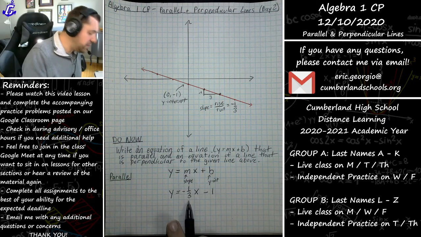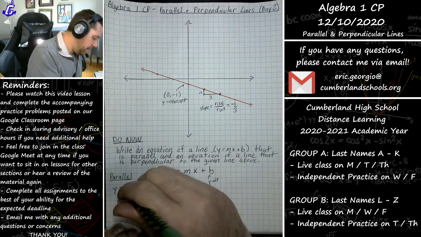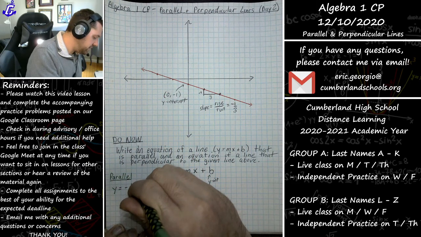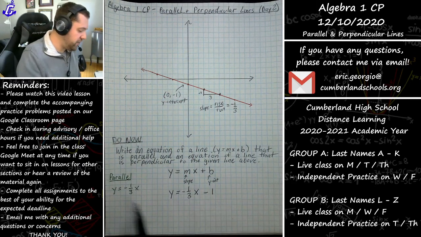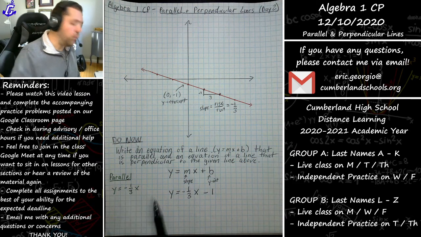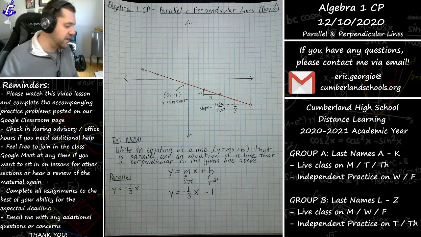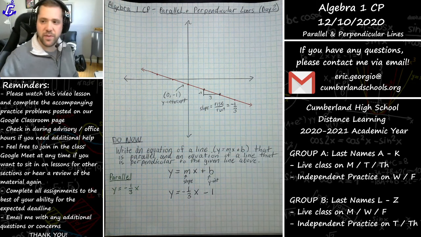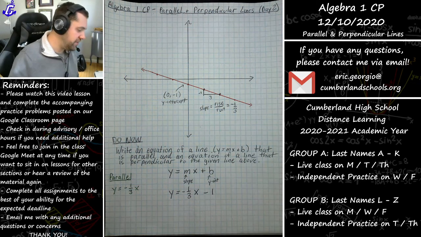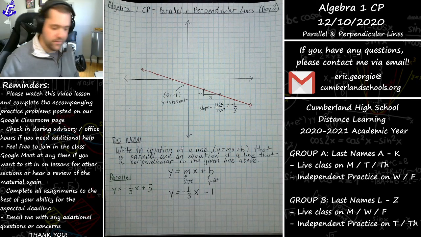So my slope of -1/3 needs to stay the same, down 1 over 3. But my y-intercept needs to change, and it can change to really whatever we want it to be. Any y-intercept will be parallel. So for the sake of example, let's say +5.